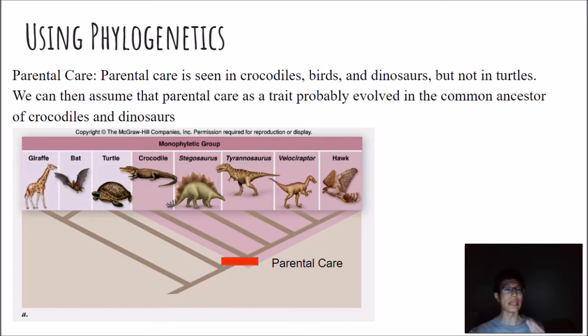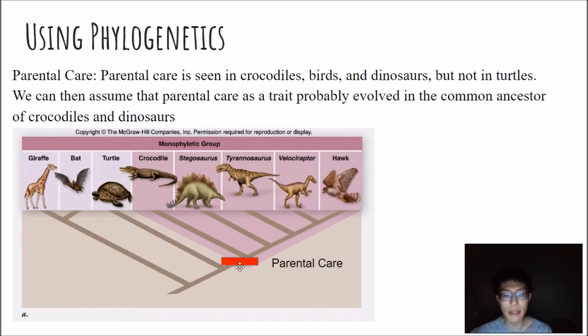So one particular interesting characteristic is parental care. We can see that parental care occurs in crocodiles, we can see it in birds, and we don't really see it in turtles. So we can use our knowledge that crocodiles have parental care, birds have parental care, and based on our knowledge of how a phylogenetic tree is structured, let's just say this is correct, we can assume that parental care likely evolved here because that's the most parsimonious explanation, the most simple explanation.